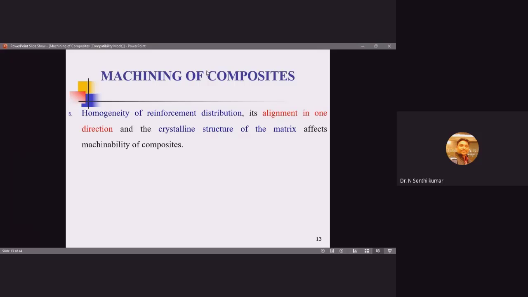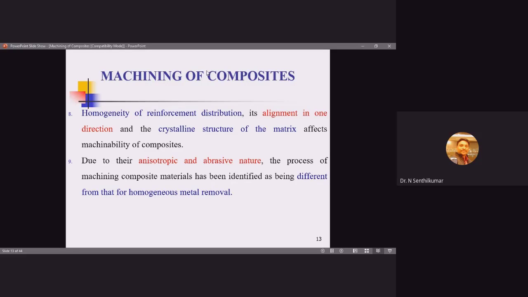If I add carbon fiber or any natural fibers in epoxy and then do a drilling process, how the fibers are aligned, in the transverse or longitudinal direction, will affect the delamination. So you can study delamination effects in drilling also. Then the crystallinity of the matrix material will also have an effect on the machinability of composites.